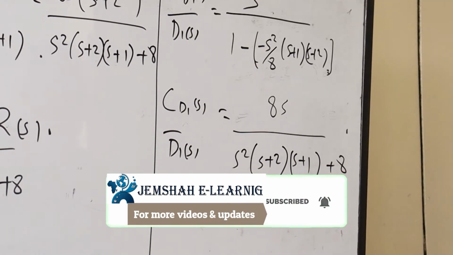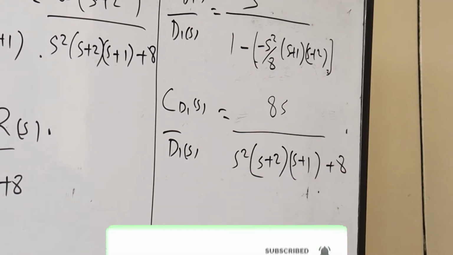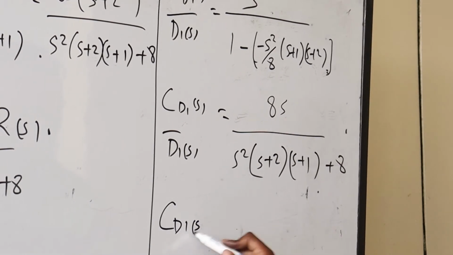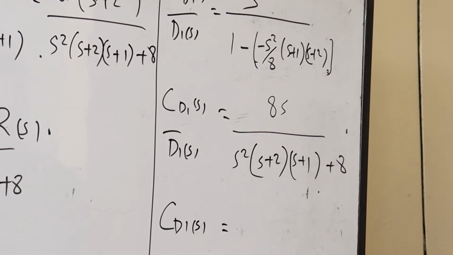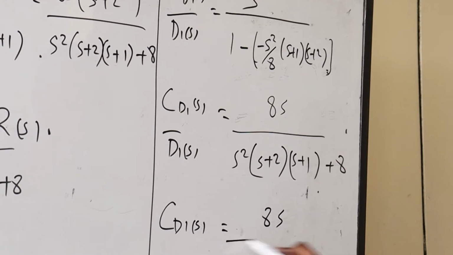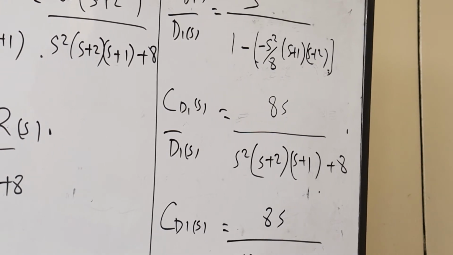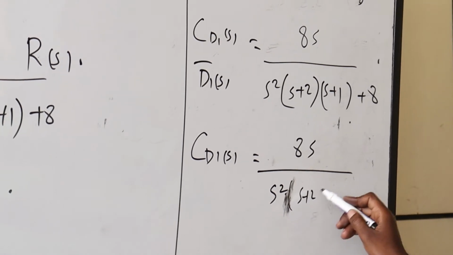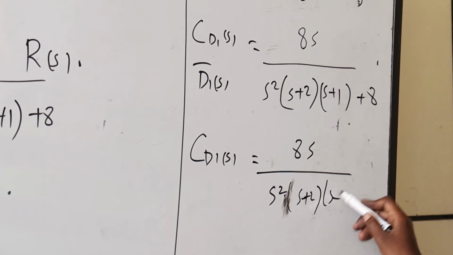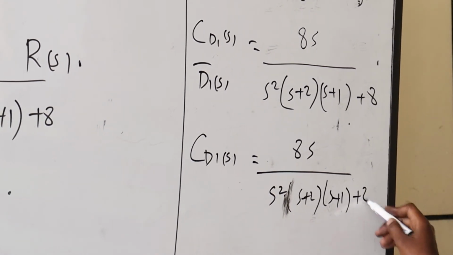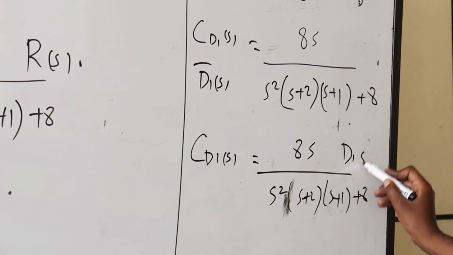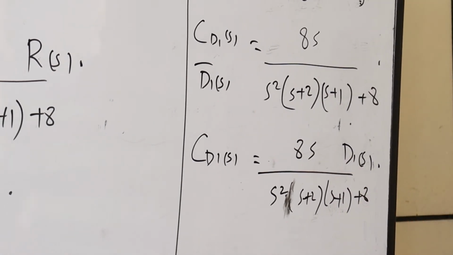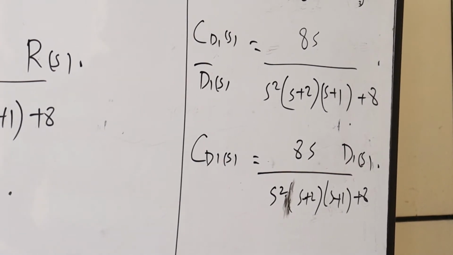Therefore C D1 of S is going to be given by 8S all over S squared into S plus 2, S plus 1 plus 8, and of course D1 of S. So that is what we are going to get for that.